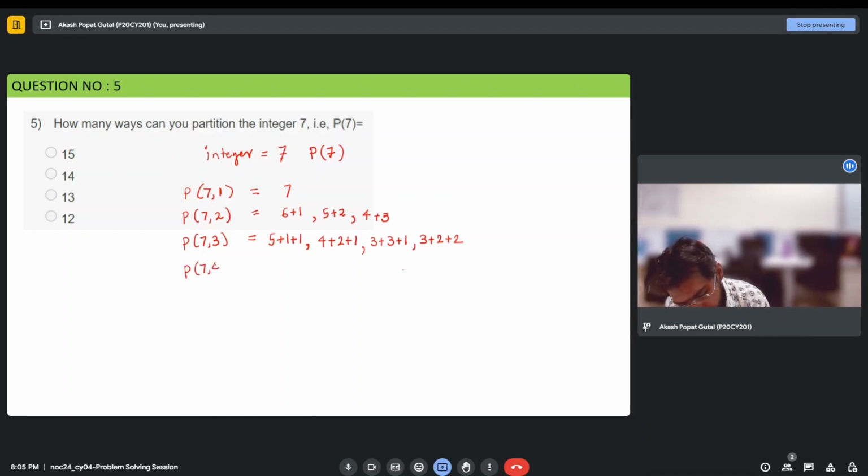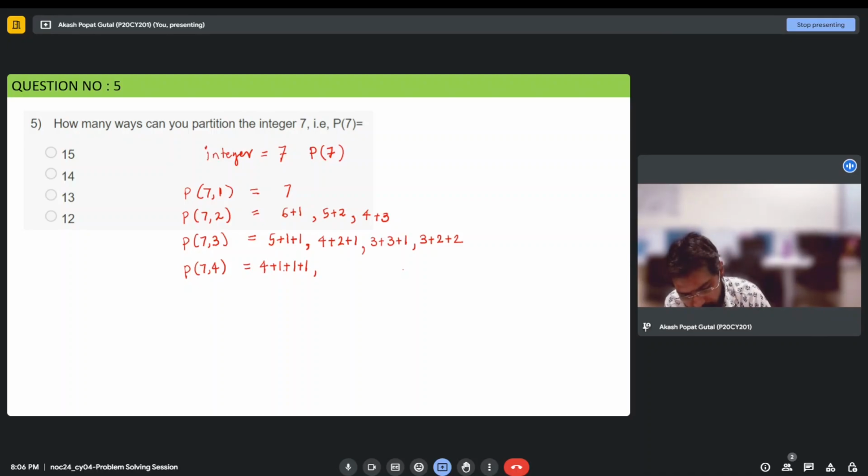And for 7, 4, you need to be very careful about it because it should not repeat. Similarly, you will start from maximum to minimum. We need to partition it into four numbers: 4 plus 1 plus 1 plus 1.